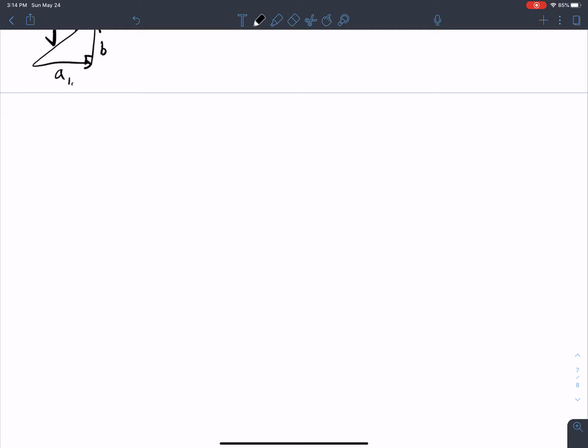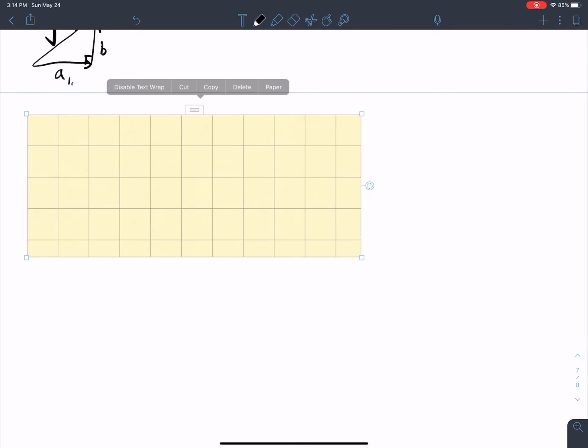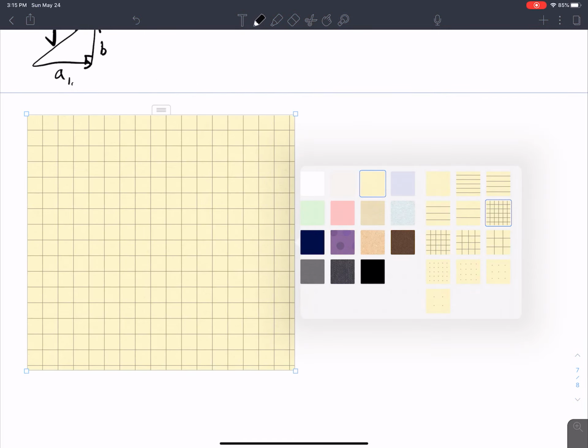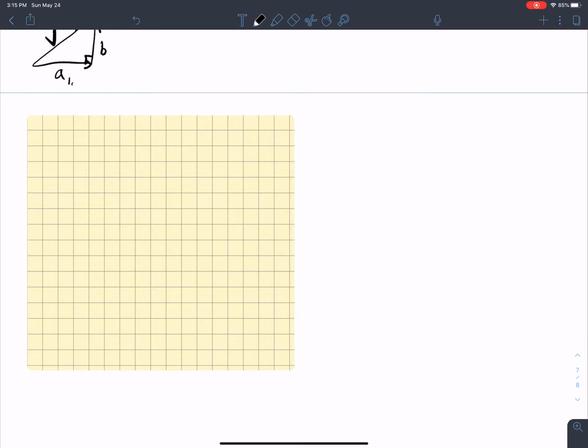So geometrically, let me throw in a picture.